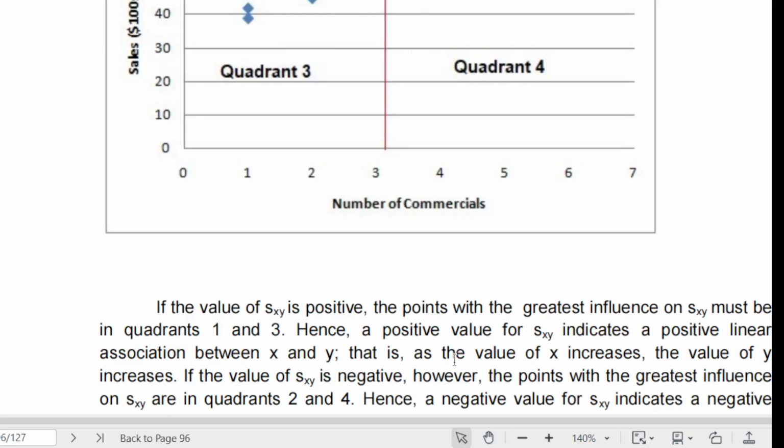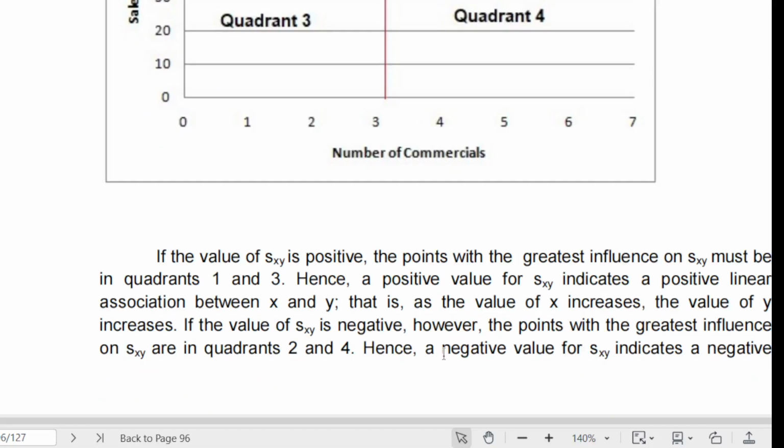Hence, a positive value for sxy indicates a positive linear association between x and y. That is, as the value of x increases, the value of y increases. If the value of sxy is negative, however, the points with the greatest influence on sxy are in quadrants 2 and 4.